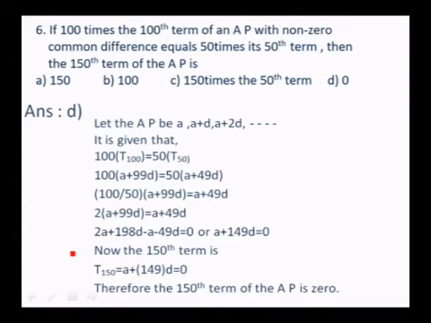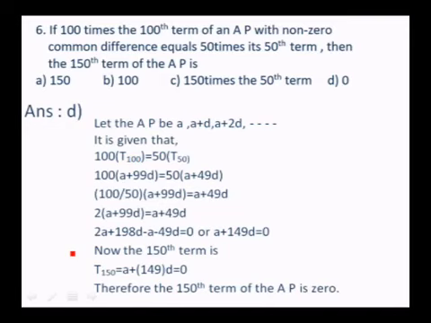T100: using the formula A plus (n minus 1) into D, we get 100 into (A plus 99D) is equal to 50 into (A plus 49D). So, 100 by 50, take the 50 below the 100: 2 into (A plus 99D) is equal to A plus 49D. So 2A plus 198D minus A minus 49D is equal to 0.